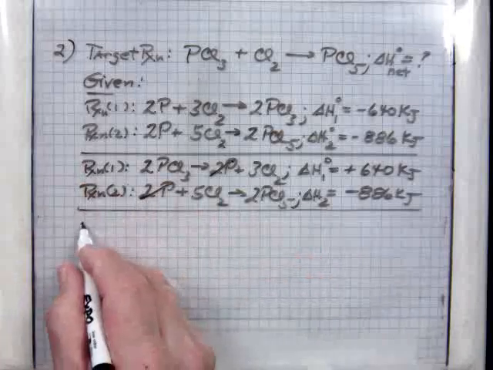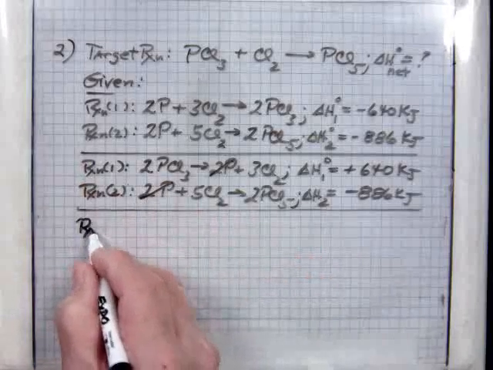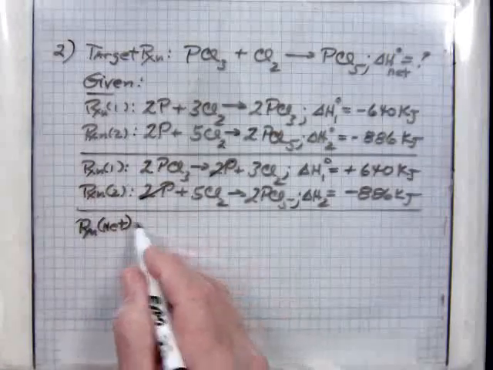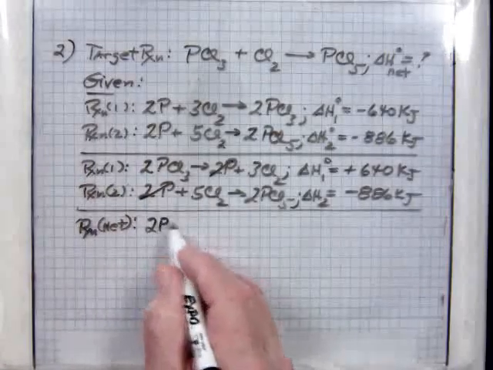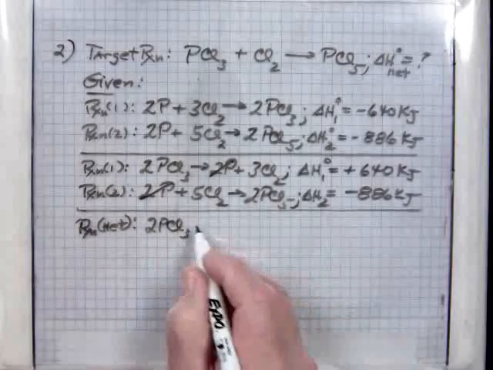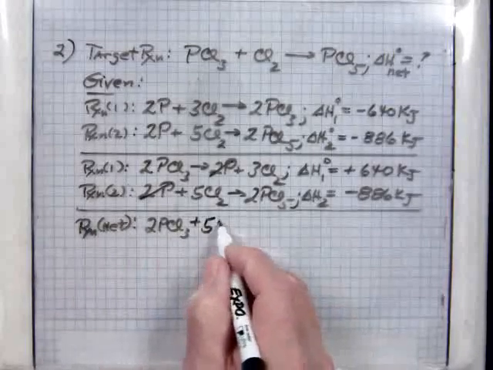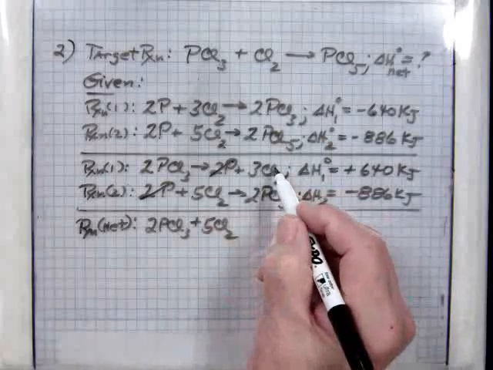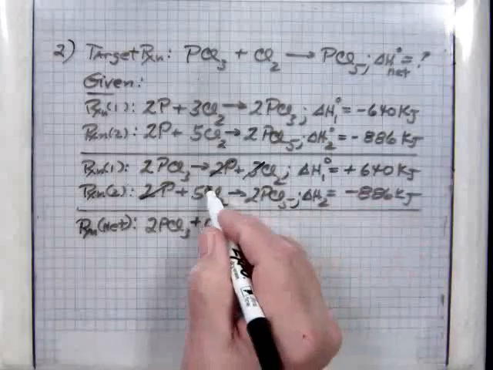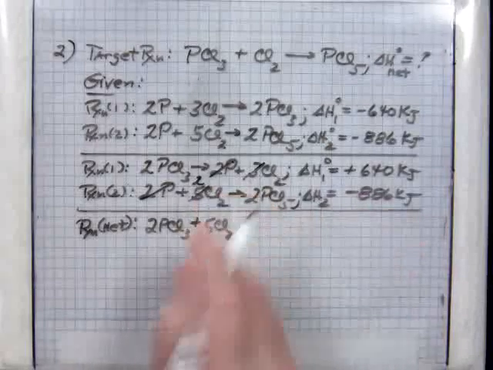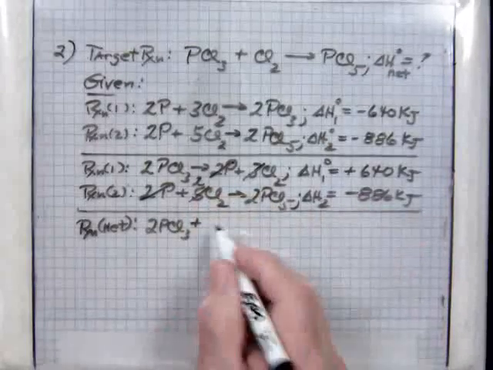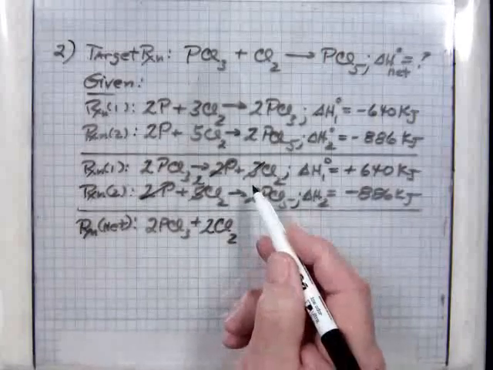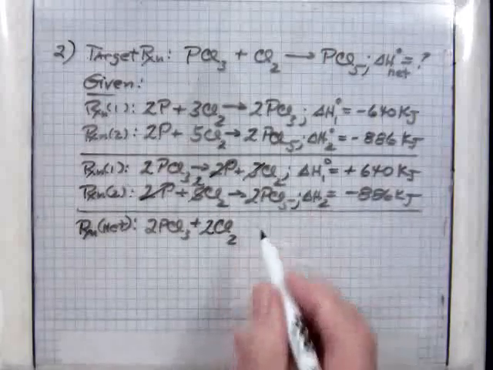So we have reaction net is 2 PCl3s plus 5 Cl2s. Oh, wait a minute, sorry, here we have 3 Cl2s, I forgot that, and so this reduces to 2 PCl, sorry about that. Everybody okay on that? All right, stop me if you need to, please.